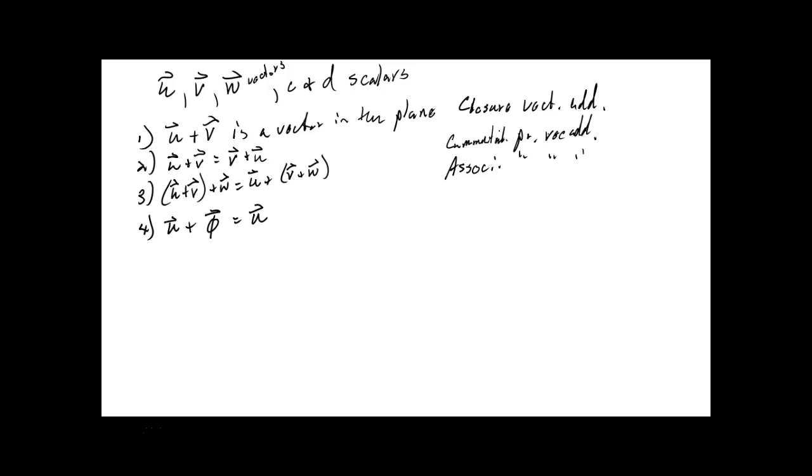That's just u. It's going to give you the same vector. And that is the additive identity property.